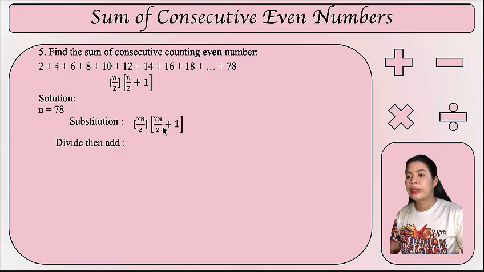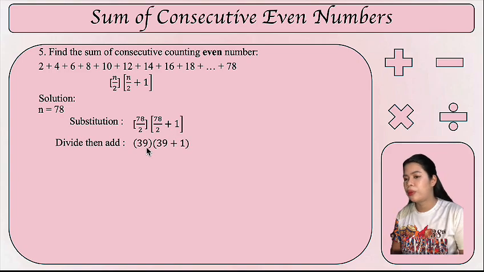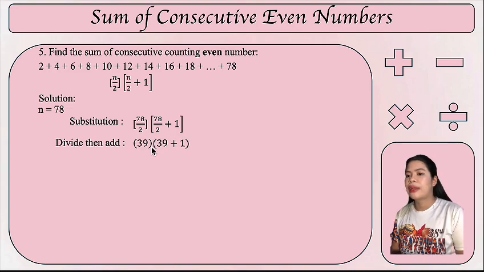So we are going to divide 78 by 2, which is equal to 39. So now we have here 39 multiplied by 39 plus 1. Now we are adding 39 plus 1, which is 40. Now we are getting 39 multiplied by 40.